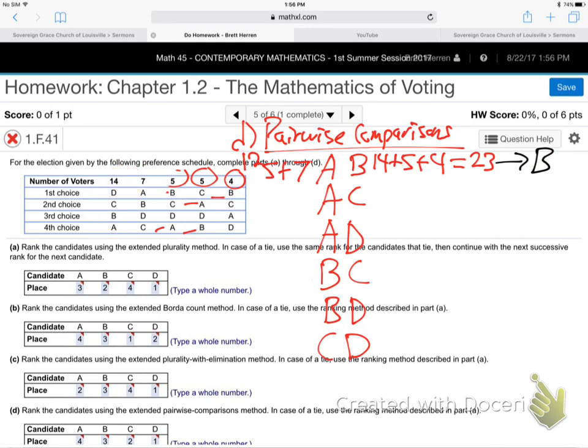So next, let's do A versus C. Can you do the next one? Go ahead and do A versus C. So look at the people, determine their will. If it's just A and C, add them up, see who they would prefer.